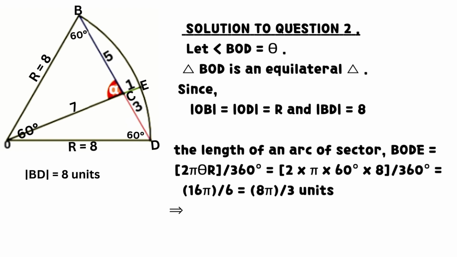Therefore, the length of arc of sector BODE equals 2 times the product of pi and theta times R, all divided by 360 degrees, which equals 2 times pi times the product of 60 degrees and 8, all divided by 360 degrees. The result equals the product of 8 and pi, all divided by 3 units, after simplification of substituted values.